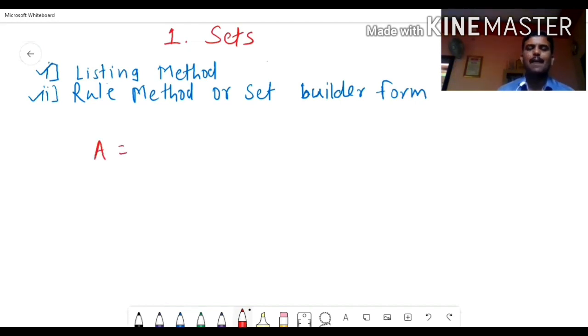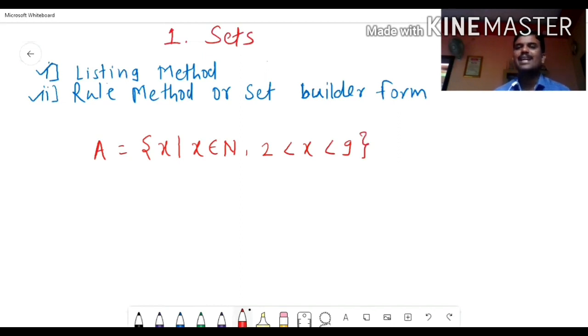Suppose I'm taking a set A. X is a variable, followed by a vertical line or colon. X is an element of capital N. N means natural numbers, and the natural numbers are between 2 and 9. How to read it?